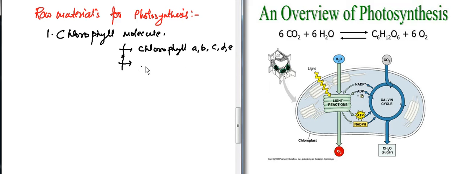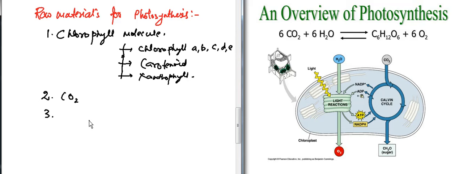Apart from A and B, we have carotenoid, xanthophyll. Now the second essential thing required here is carbon dioxide. Third is water, and the fourth is sunlight.